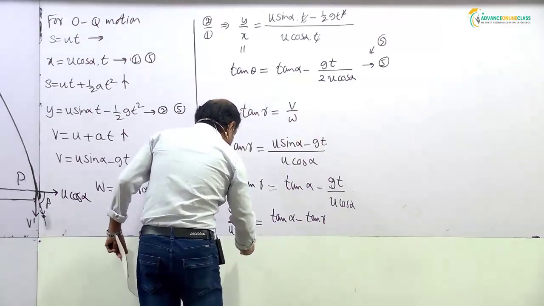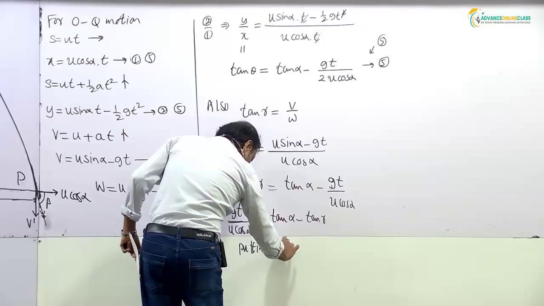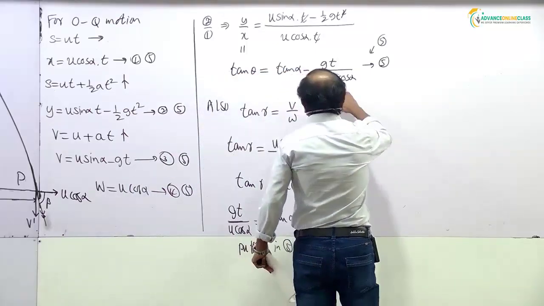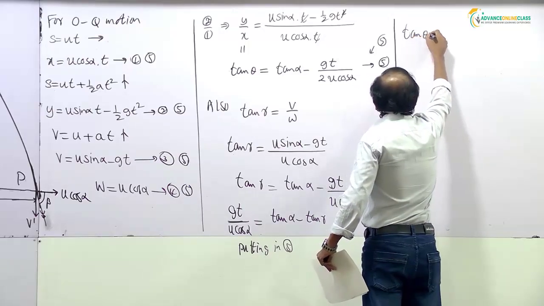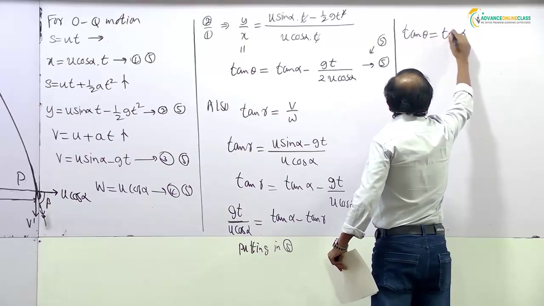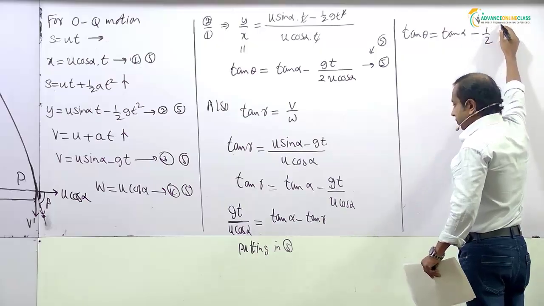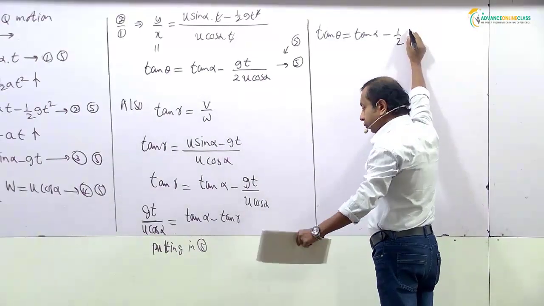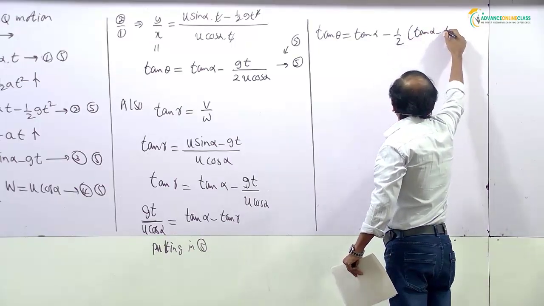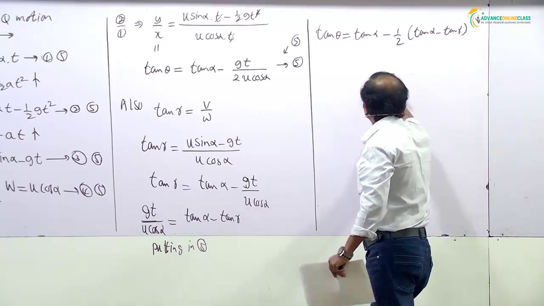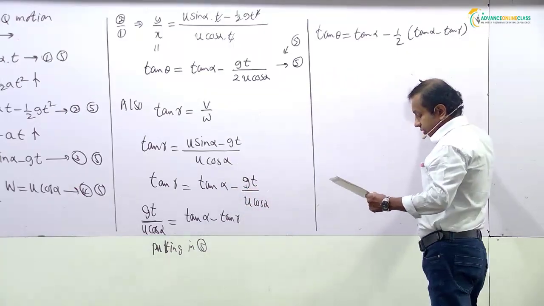Put that in 5. Tan theta is equal to tan alpha minus this 2 I can write as half, that gt over U cos alpha means tan alpha minus tan gamma. Then simplify this. For this we get 5 marks.